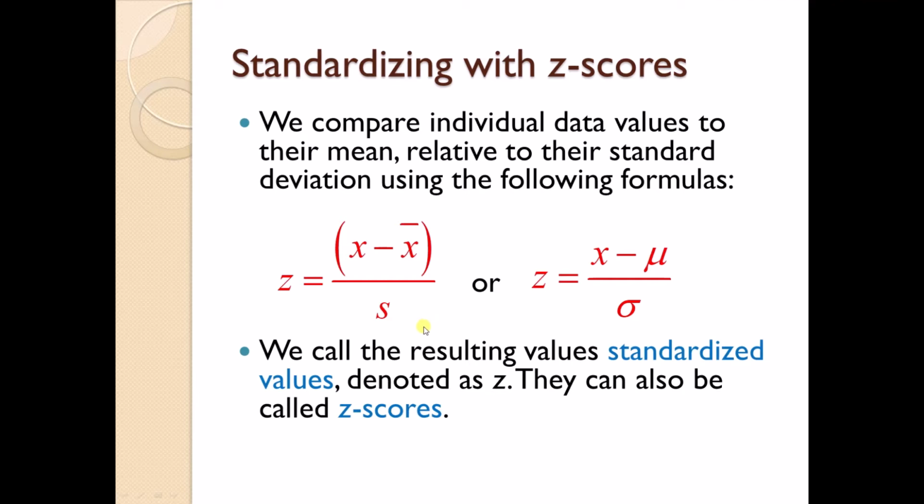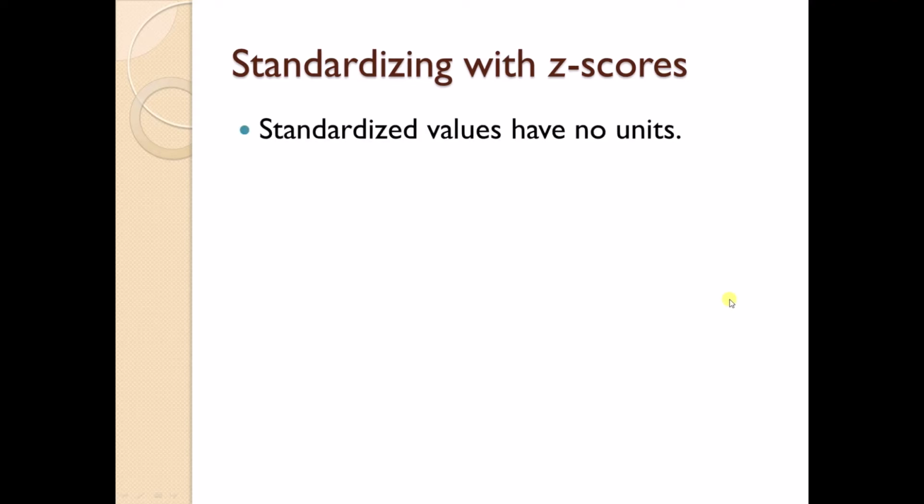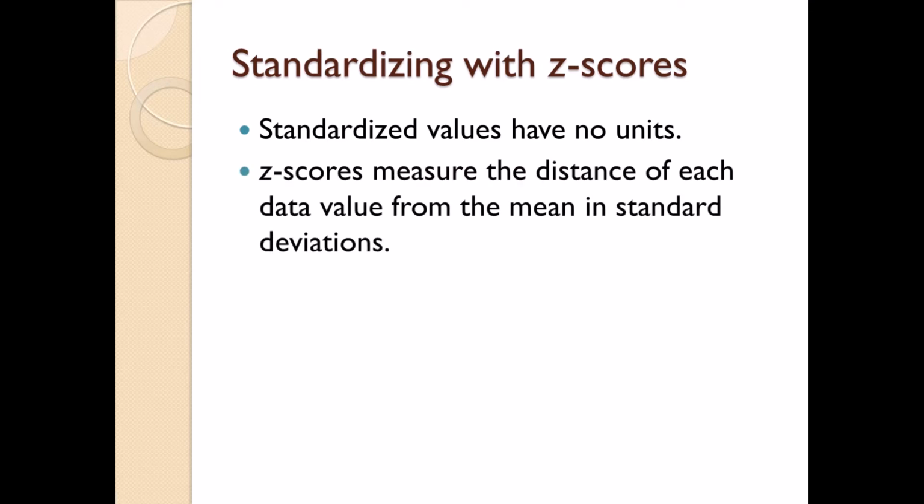So they're going to end up being in standard deviation units. Same thing over here for the population values. So standardized values have no units. Whatever's in the numerator will also occur in the denominator, and they just cancel out. So they measure the distance of each data value from the mean in standard deviations.